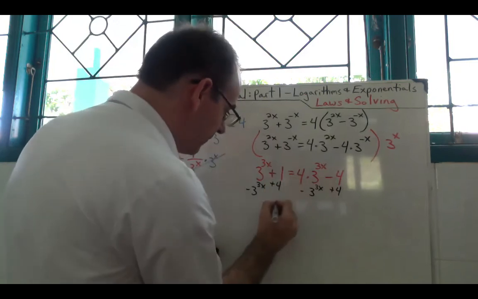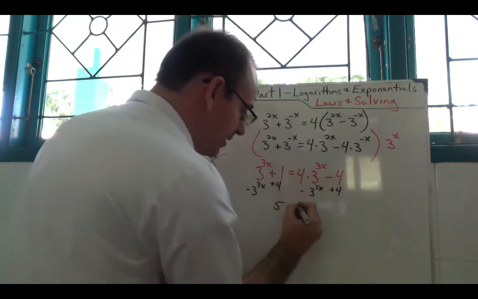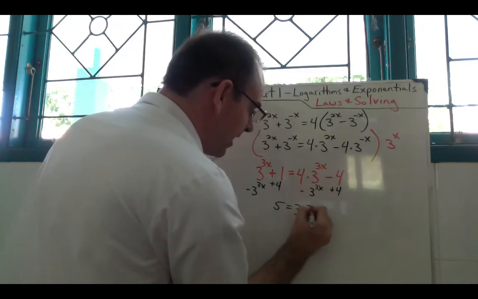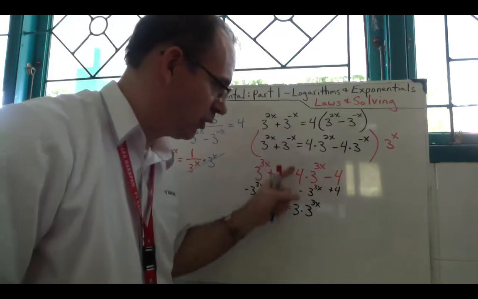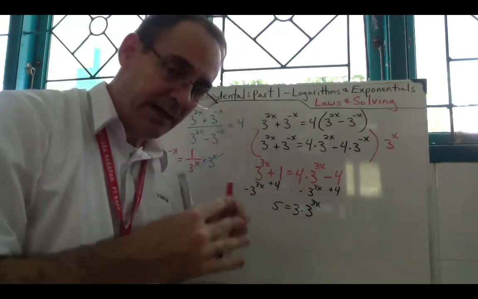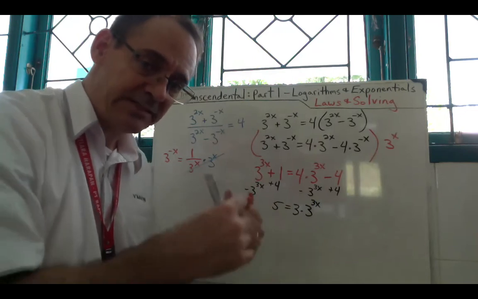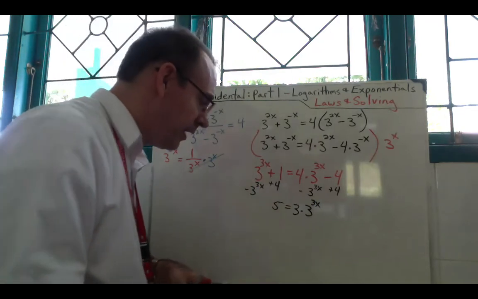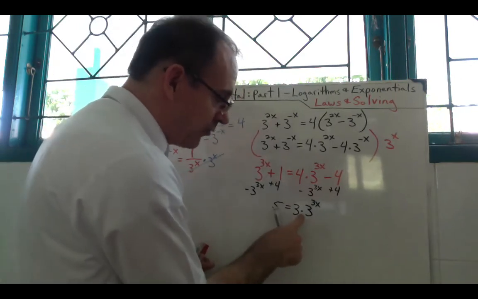So over here we get 5, and over here 4 minus 1 is now 3 times 3 to the 3x. So make sure you keep the coefficients separate in your mind from the exponential, the base and its exponent. Now we can divide by 3 because this is connected by multiply.